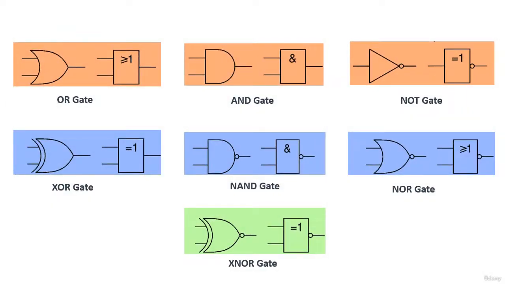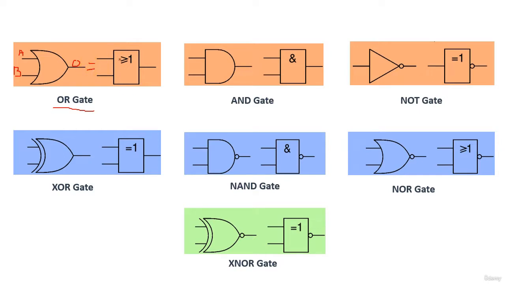In this slide, we're going to see the same gates with another equivalent symbol. For the OR gate, as you see here, this is the normal symbol for the OR gate with A and B, two inputs, and here we have the output.